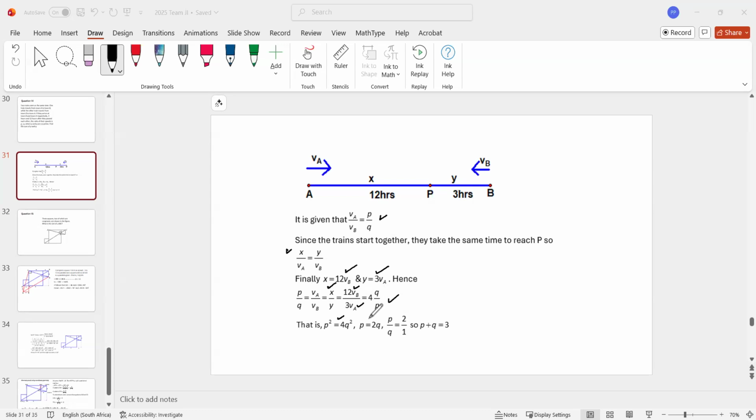And when you're taking square roots, you get that. All are positive. So P over Q is not 4, as I said wrongly before. It's actually equal to 2. P over Q is 2 over 1. So that's as low as you can get. You can't simplify that any further. So P plus Q is equal to 3.